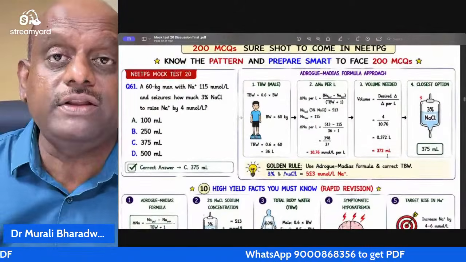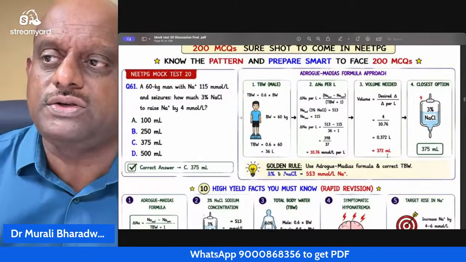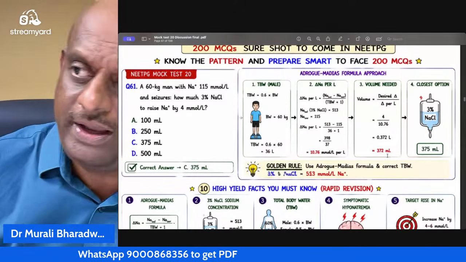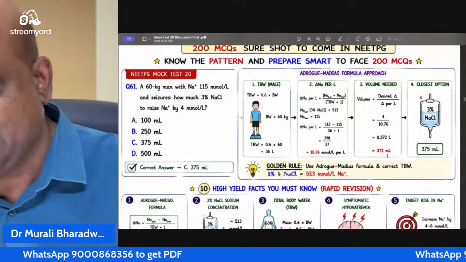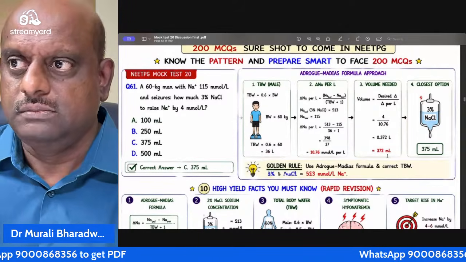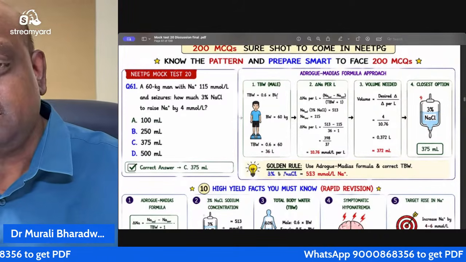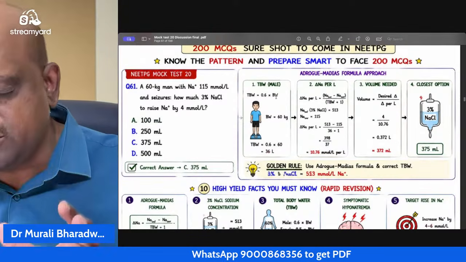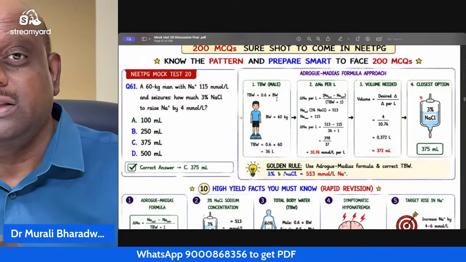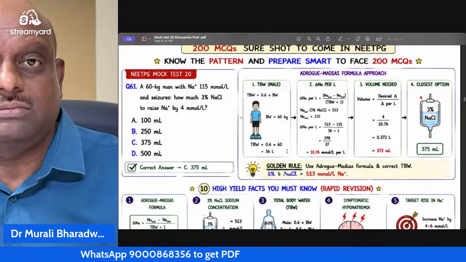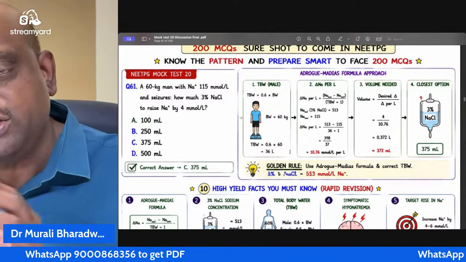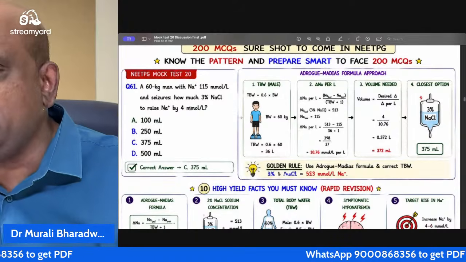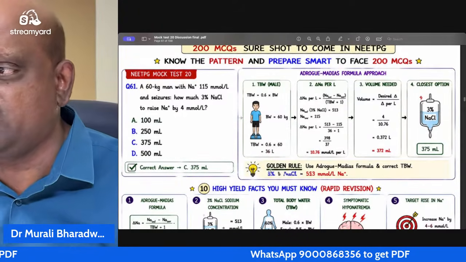A 60 kg patient with sodium 115 millimoles, seizures, how much 3% NaCl is needed to raise by 4 millimoles per liter? So, 0.6, that is 60% of the body weight, is total body water. So 60 kg times 0.6 is 36 liters. Per each liter, you want to increase 4 millimoles.